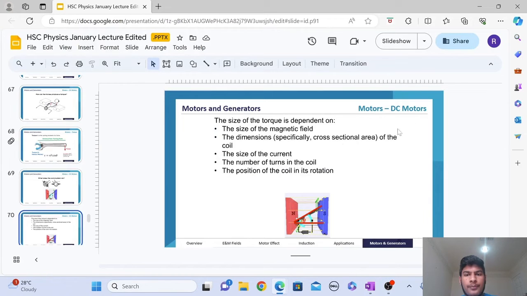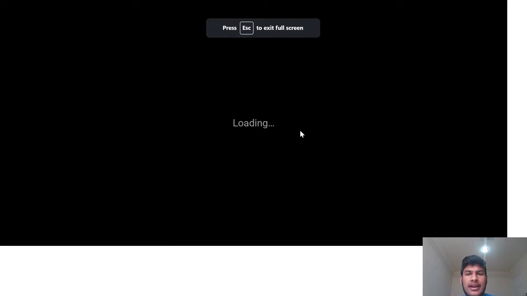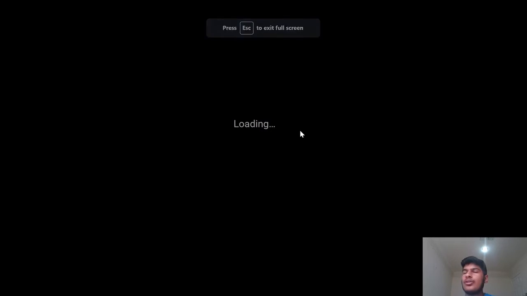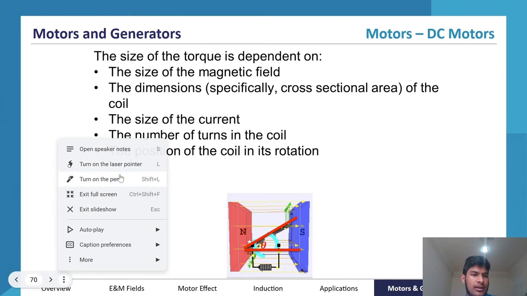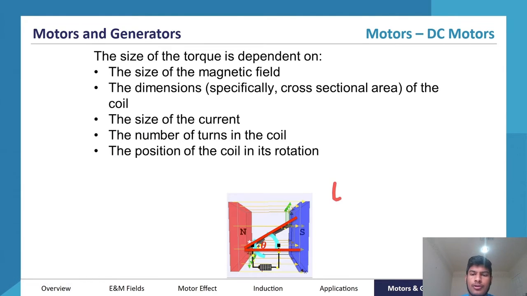So the size of that torque is dependent on all these factors, and the actual magnitude of that torque is given by the formula: torque equals N, the number of coils, times B, the magnetic field strength, times I, the current, times A, the cross-sectional area, times sine of the angle theta.